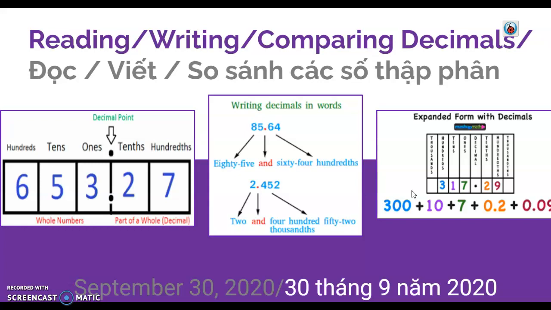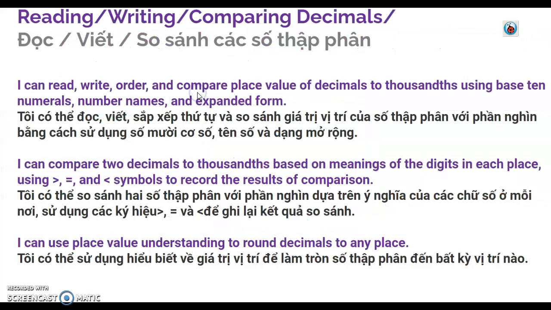Well, we're continuing to read, write, compare, and order decimals. So we're working on these standards that we can read, write, order, and compare place value decimals to the thousandths using base 10 numerals, number names, and expanded form.